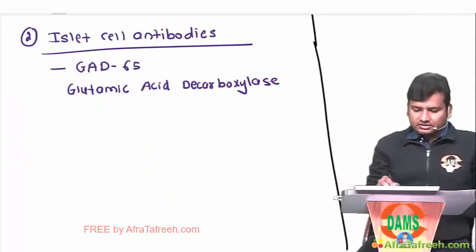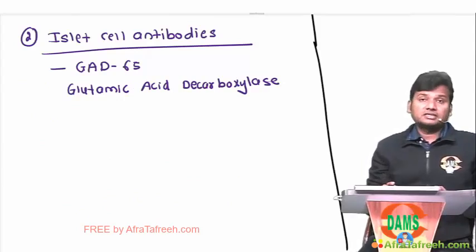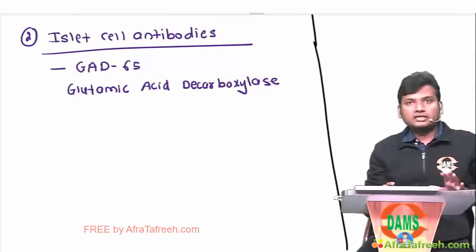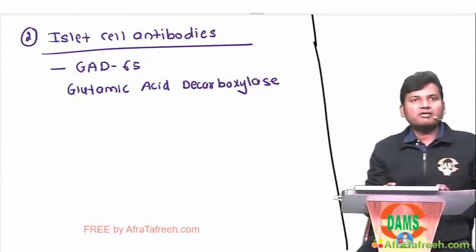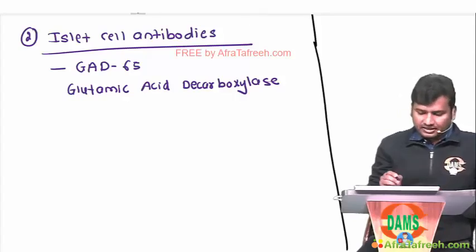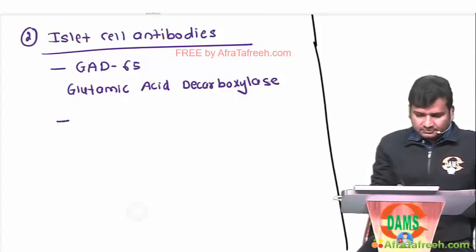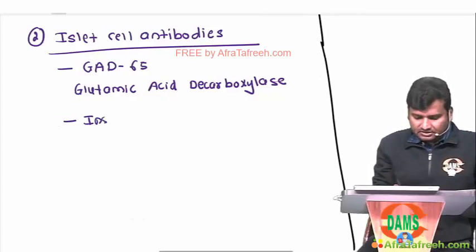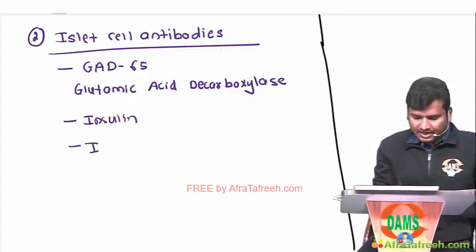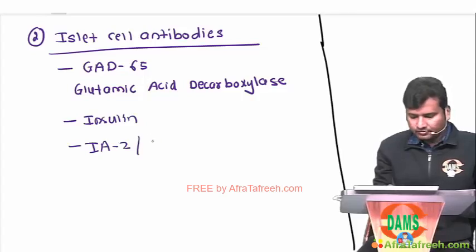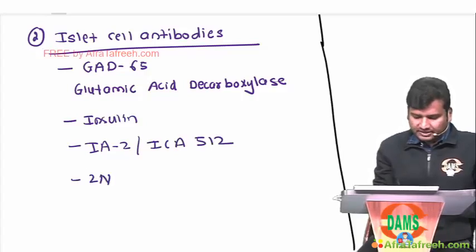These are the only antibodies which are commercially available in the lab. Other antibodies are antibodies against insulin, then IA2, ICA 512, ZnT8.